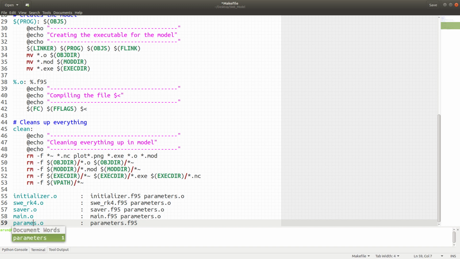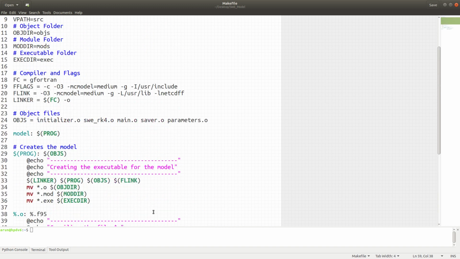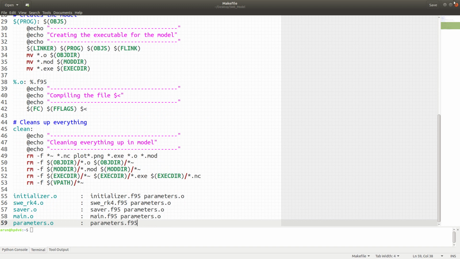Okay, I think it's parameters. To get this parameters.o, we need this file definitely. For all the other files, we need the corresponding f95 files and the parameters.o file to be compiled and ready. And this way, our makefile is complete, and now we're ready to rumble.